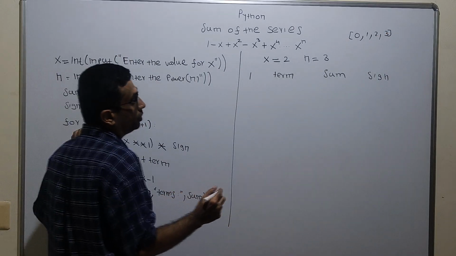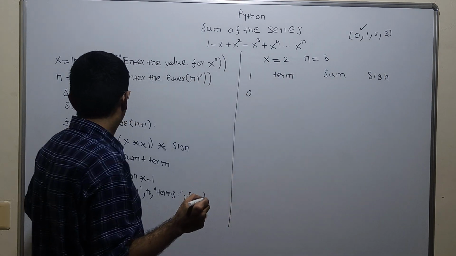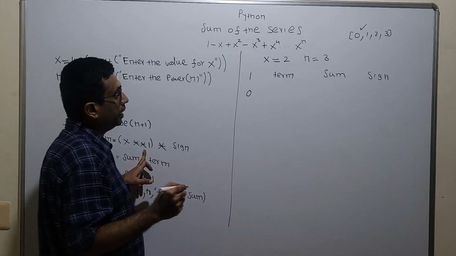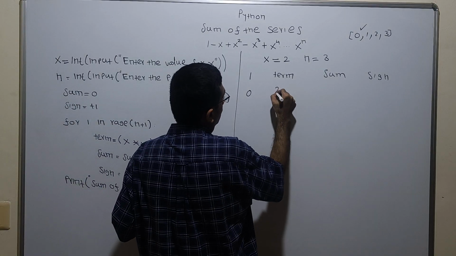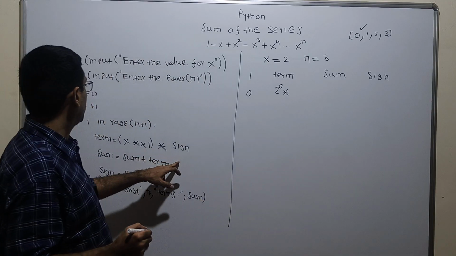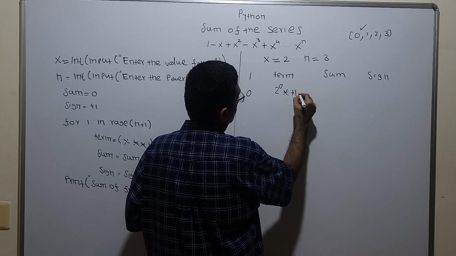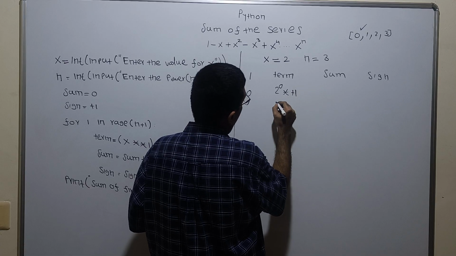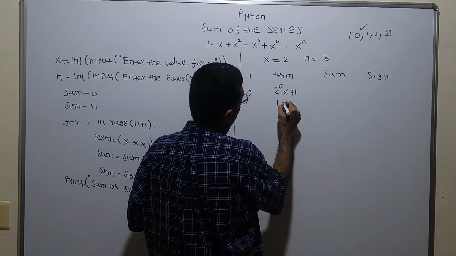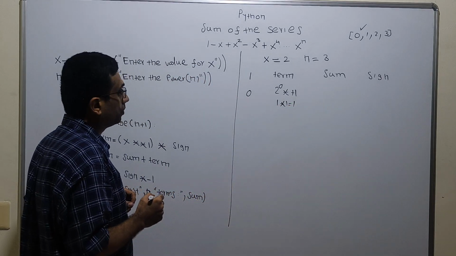Initially I will take the value 0. Term equal to x power i, that is x value is 2, 2 power 0, multiplied with the value in the variable sign, that is plus 1. So 2 power 0 equals 1, 1 multiplied with 1 is equal to 1. Term has the value 1.